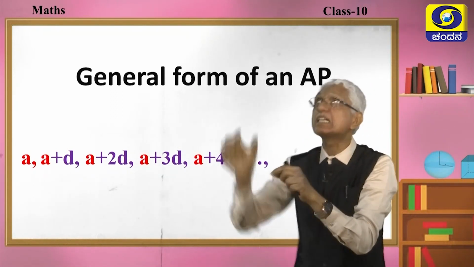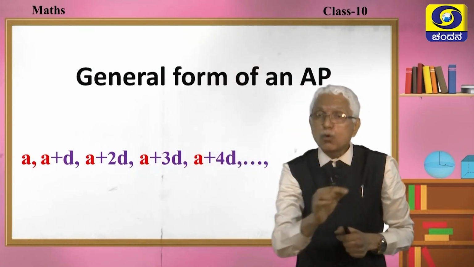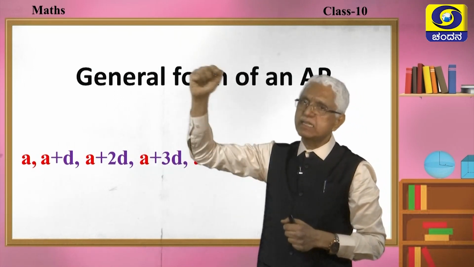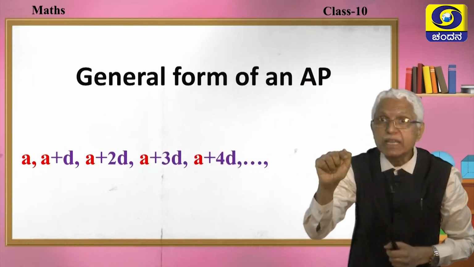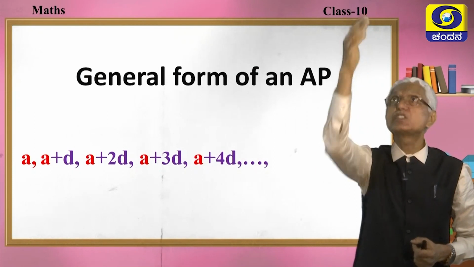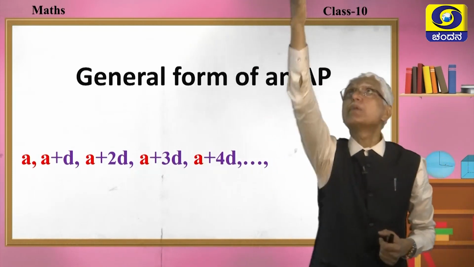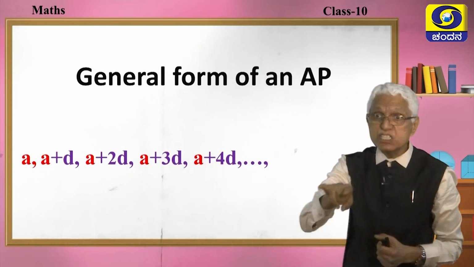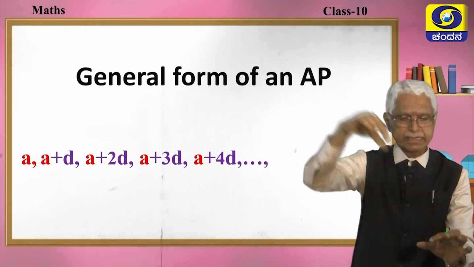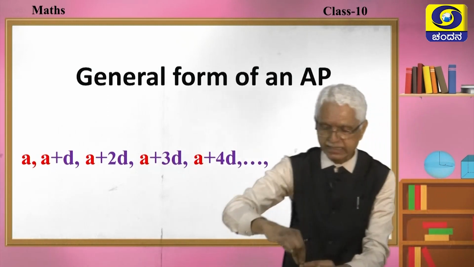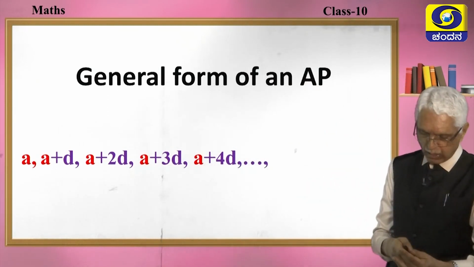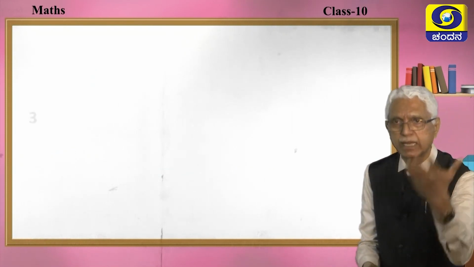How will you get the next term? Add plus D. You go on adding the common difference and you continue to get a series of numbers which will be in AP. 2 plus 3, 5 plus 3, 8 plus 3, 11 plus 3, 14. That was a particular example. In general, first term is A. Add the difference D, A plus D, add the difference D, A plus 2D, and so on. So, this is the general form of an arithmetic progression.